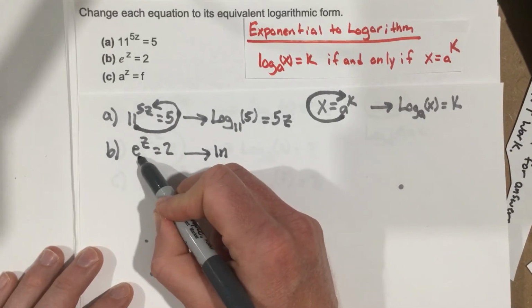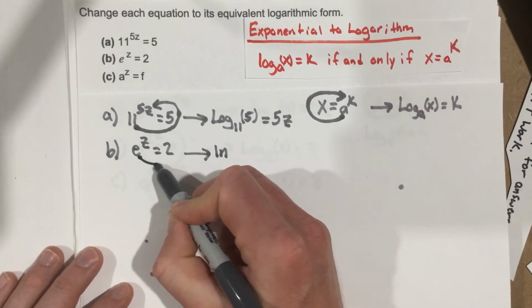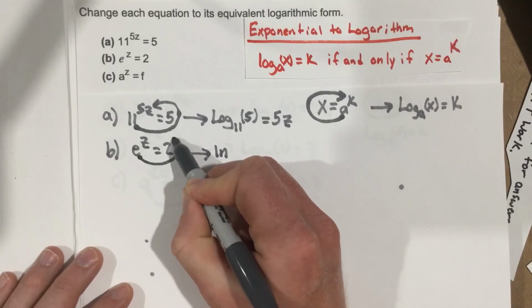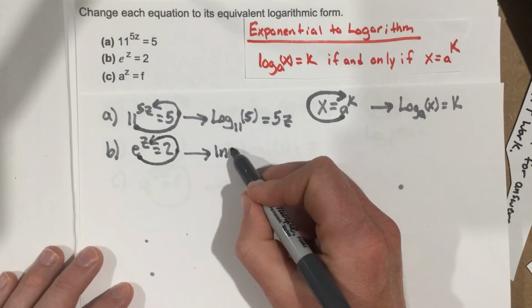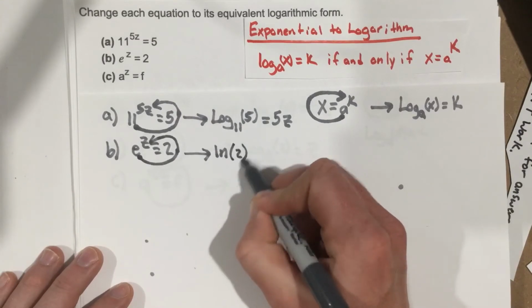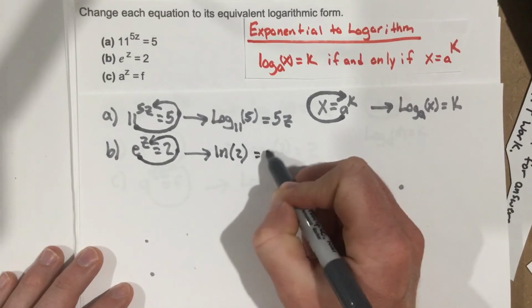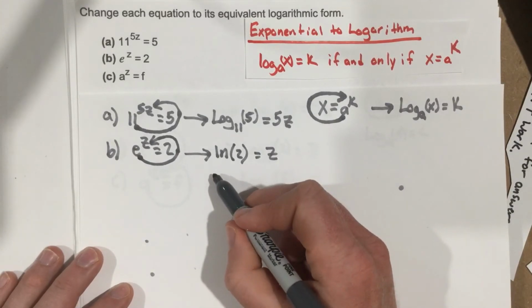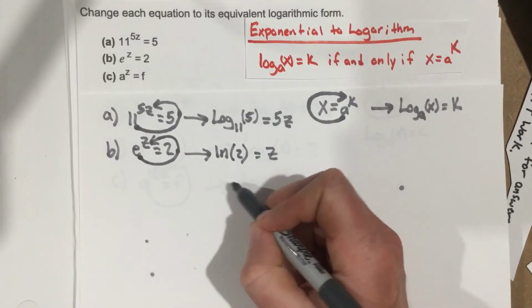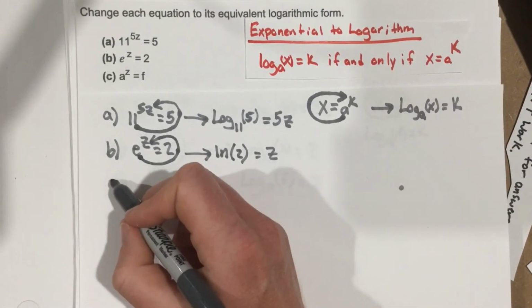So log base e of 2 equals z. So log base e, so natural log of 2 is z. You could also just write that as log base e, and that would be just fine as well.